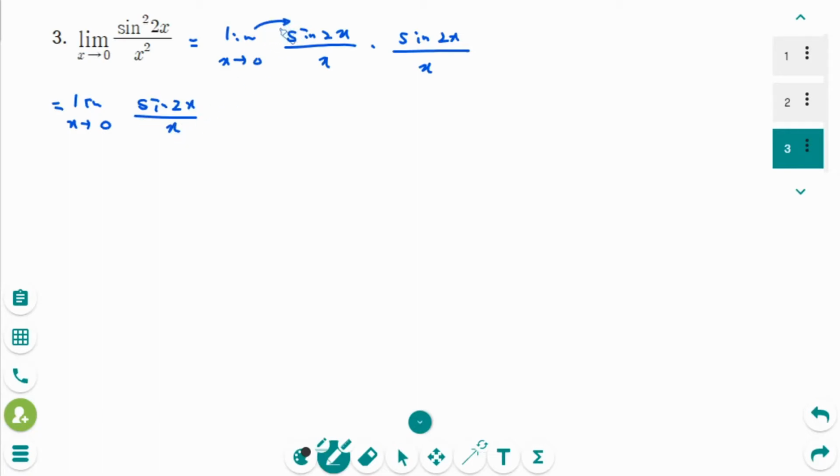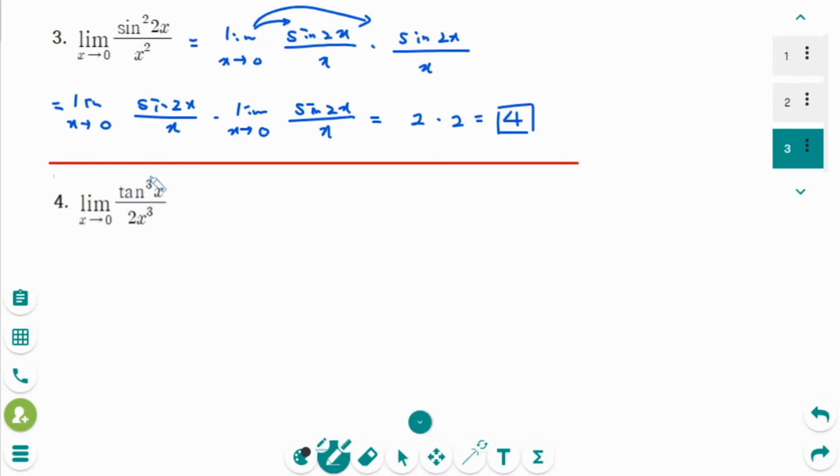Then expand like this, times limit as x approaches 0 another sine 2x over x. Then first one is 2, then second one is another 2. So the answer is 4.